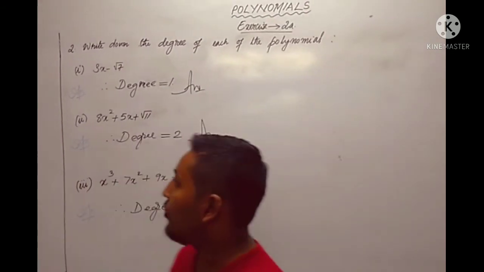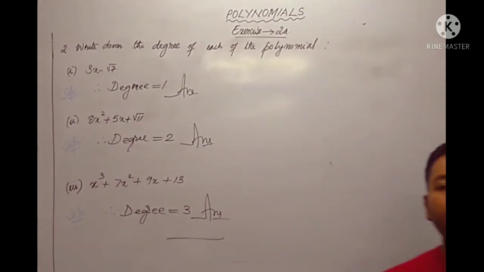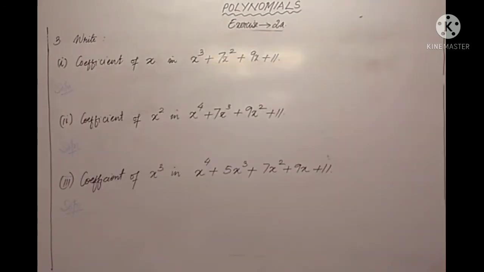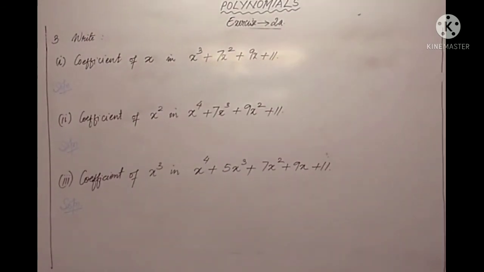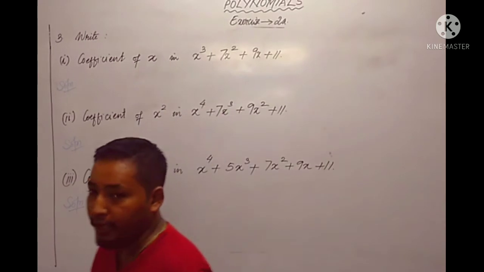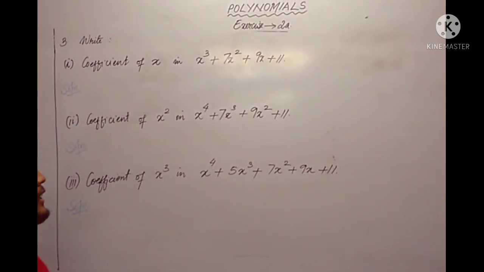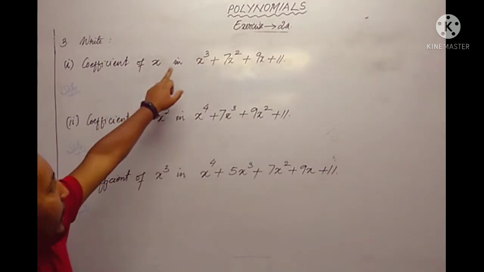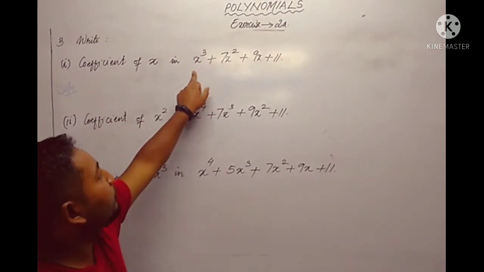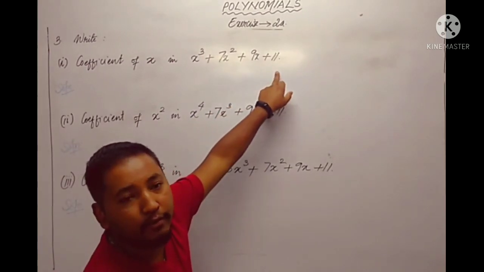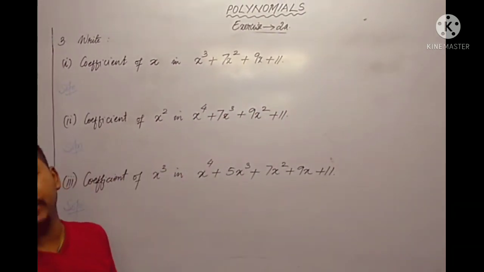Now, let us move on to the next question, that's number 3. Question number 3 says, write the coefficient of x in this expression, x cubed plus 7x squared plus 9x plus 11. Now, what is a coefficient?